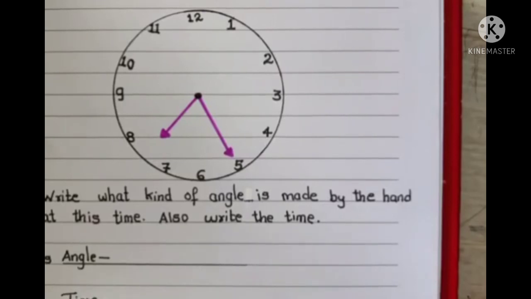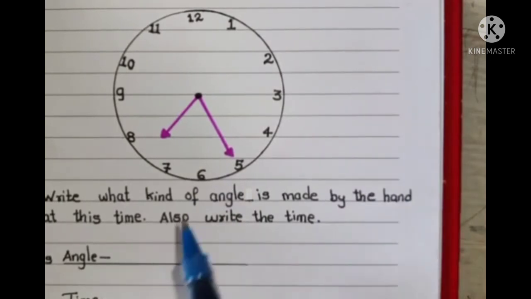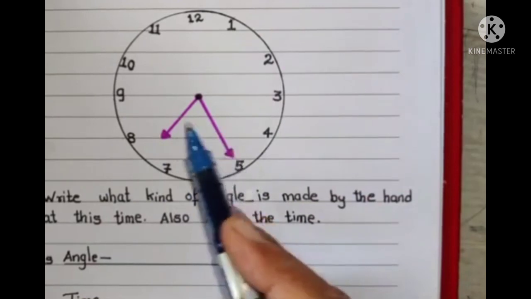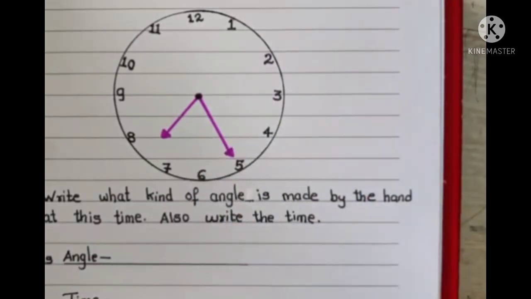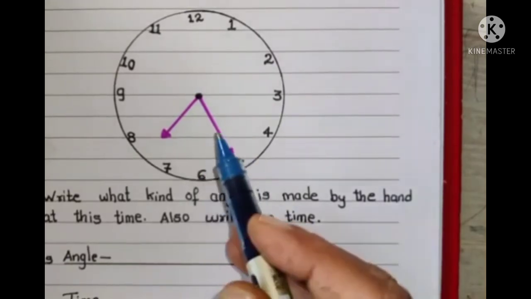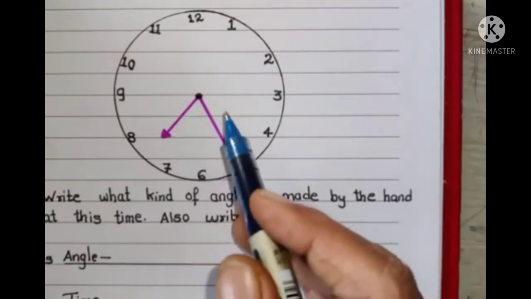Okay students, now we begin with time, that is, the clock. In this clock, the hour hand and minute hand always form one angle. We have to write what angle is formed by the hands of the clock.